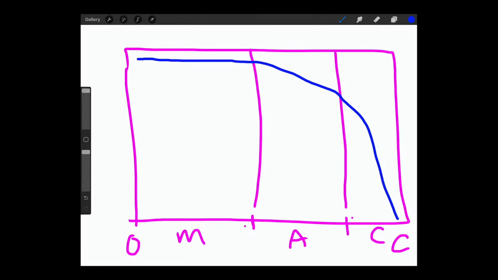So now you can see why we split this up into 3 segments, morning, afternoon, and closing, because the rate of decay is unique in each one of these segments. Here it's flat, here it's doglegging, and here it's falling off of a cliff.